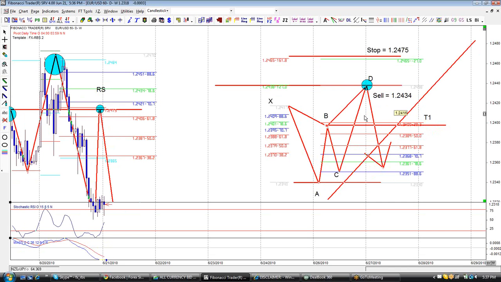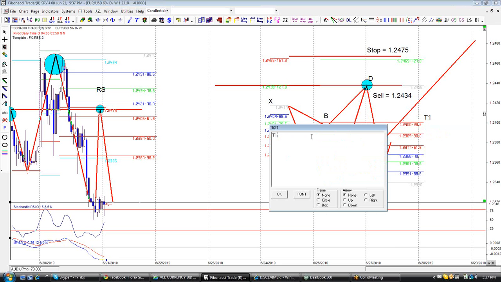We want to profit before price hits that level, in case trend continues. So my 382 is at 124.00.